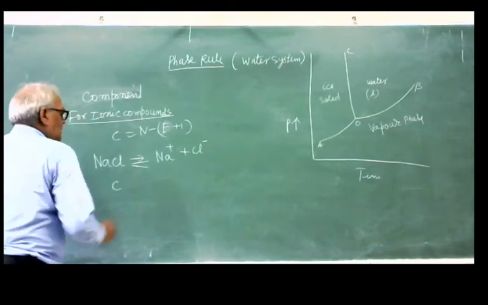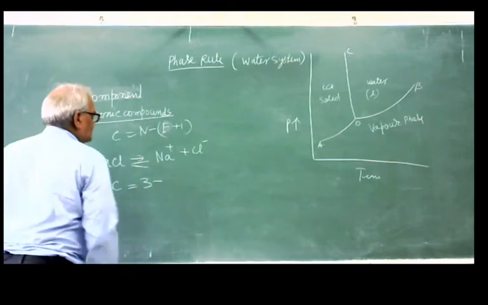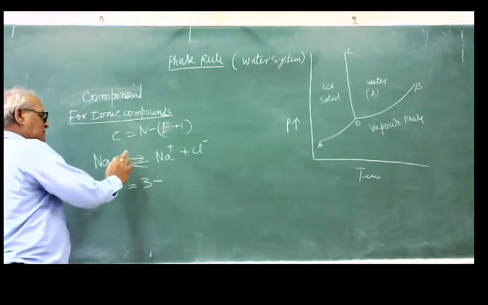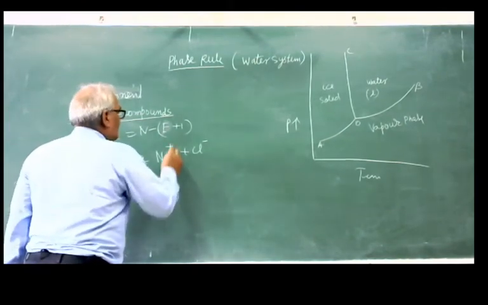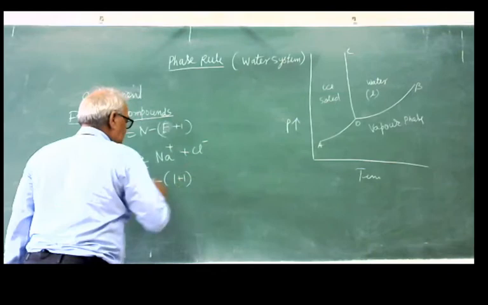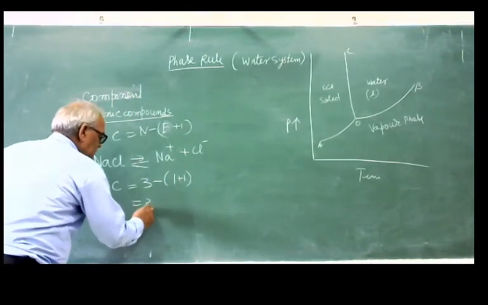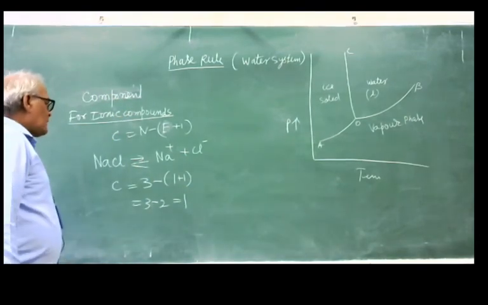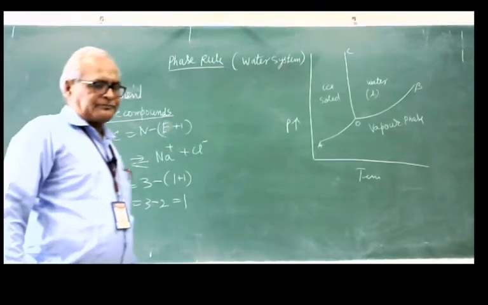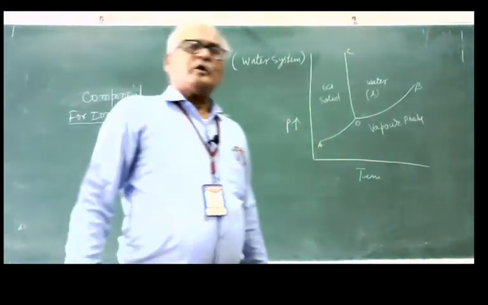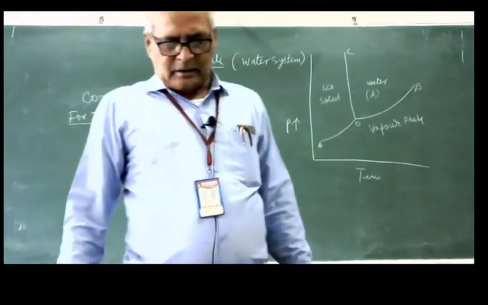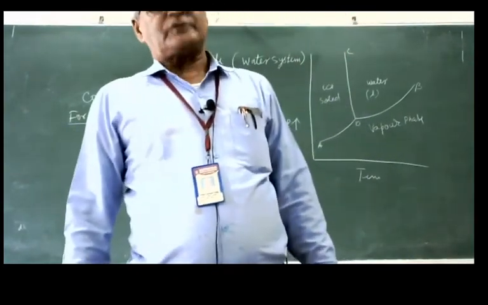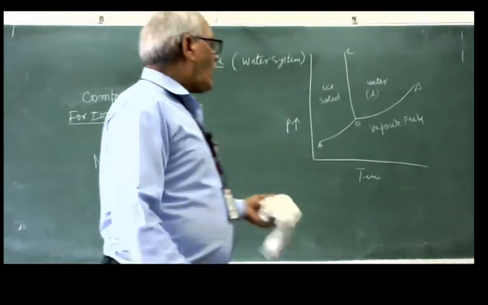So C is equal to 3 minus, what is the relation? Only one relation. So 3 minus 2 equals 1. So it is a monocomponent system. So you can very easily calculate the component of the system. So this is all about the component.